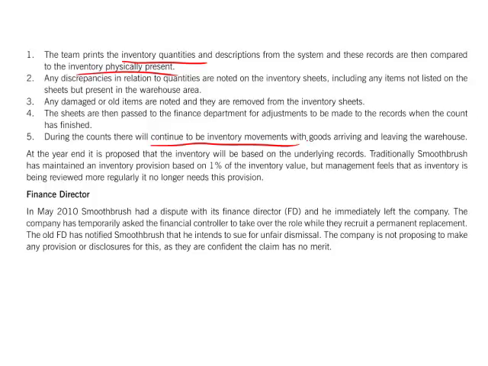At the year end, it is proposed that the inventory will be based on the underlying records. Traditionally, a smooth brush has maintained an inventory provision based on 1% of the inventory value, but management feels that as inventory is being reviewed more regularly, it no longer needs this provision.